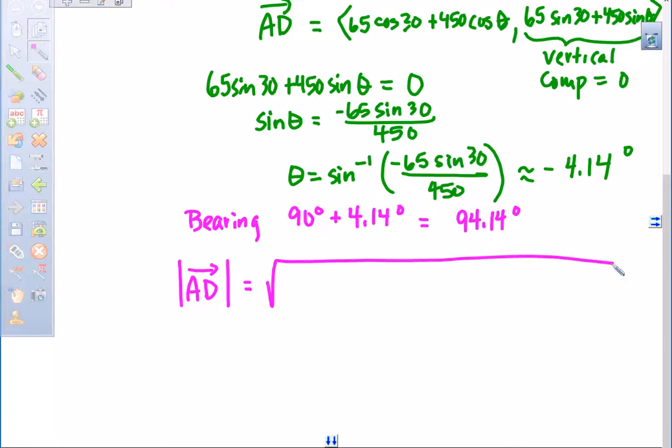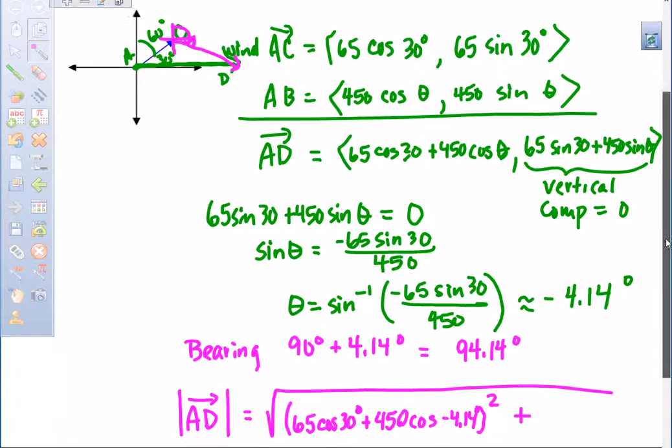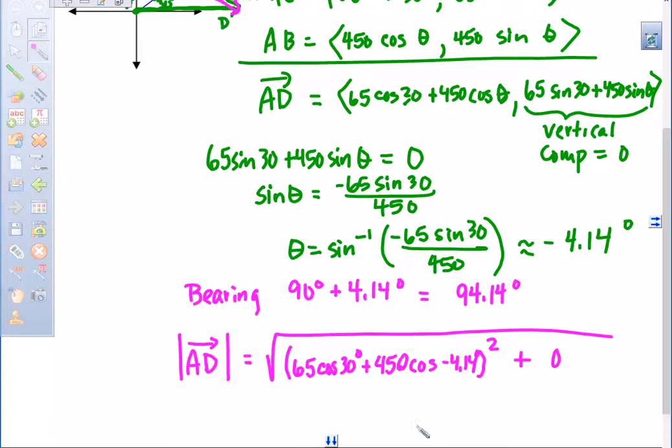So it's going to be the square root of our cosine plus 450 cosine of negative 4.14 squared plus, now this is the magnitude of AD, and that vertical component, because I'm headed due east, is 0.